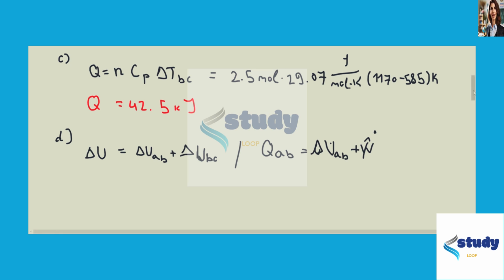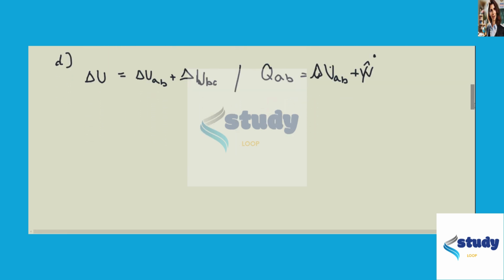Now for the BC part of the process, we will need a different kind of evaluation, but also we should actually calculate delta U AB using the standard formula where the process is happening under constant volume.